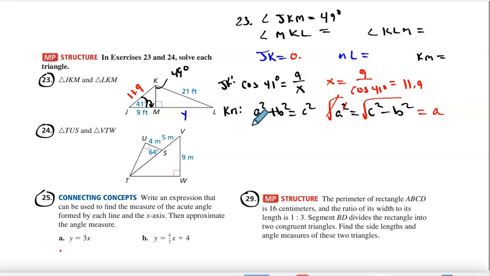So 11.9 squared minus 9 squared is going to equal that missing side, square root of all that. And that's about equal to 7.8. So Km, 7.8.